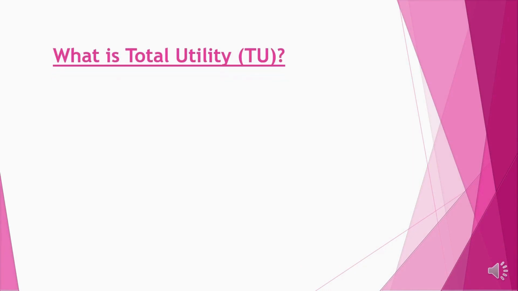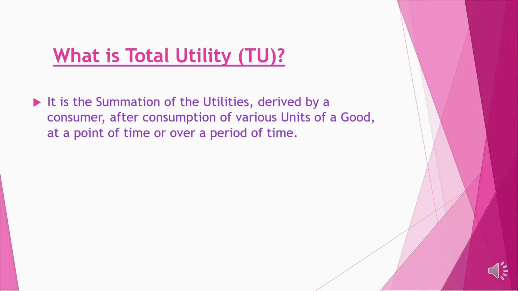Now let us see what is total utility and how it can be calculated. It is the summation of the utilities derived by a consumer after consumption of various units of a good at a point of time or over a period of time. Now let's see this formula. TUn is equal to MU1 plus MU2 plus MU3 and so on up to MUn, which is further equal to sigma MU, meaning the summation of all the marginal utilities.